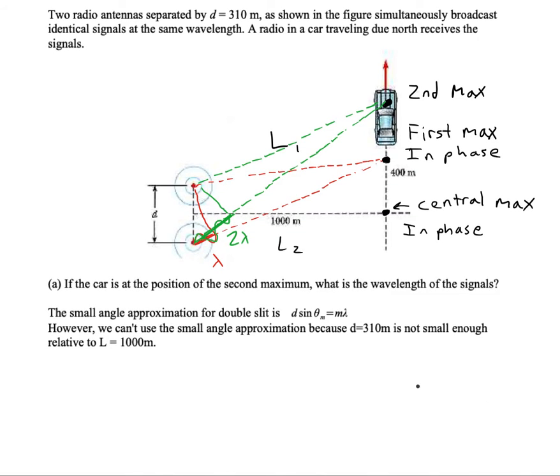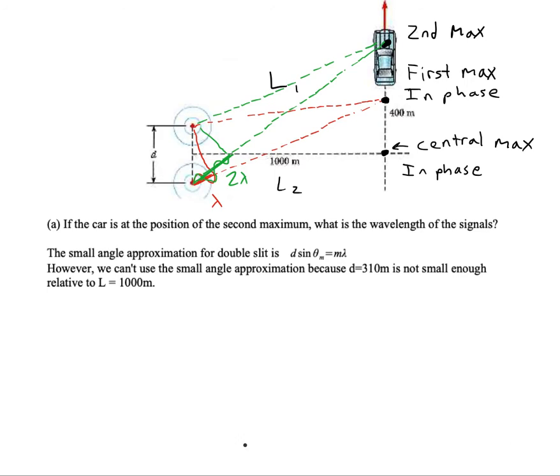So in order to solve it, we'll have to use a little bit of geometry and trigonometry here. This path length can be called L1. And the other path length can be L2.